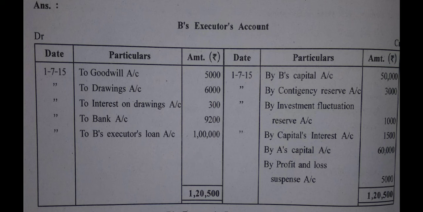Similarly, you are supposed to write down the balance of drawings on debit side always. And also the amount of interest on drawings, which is 300 clearly given.